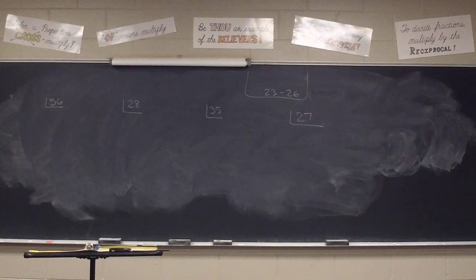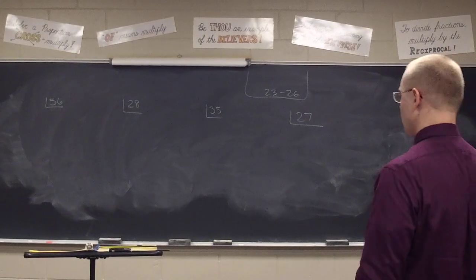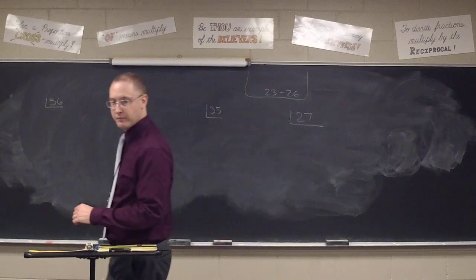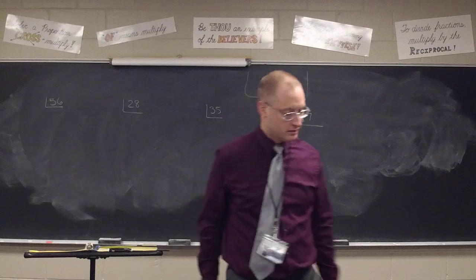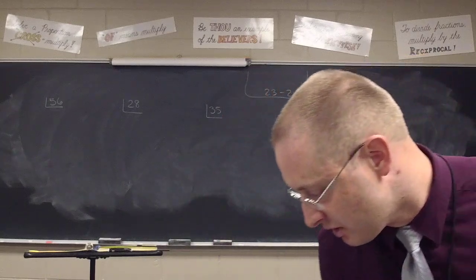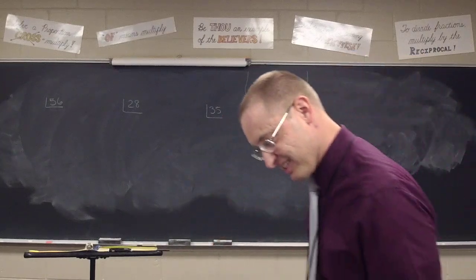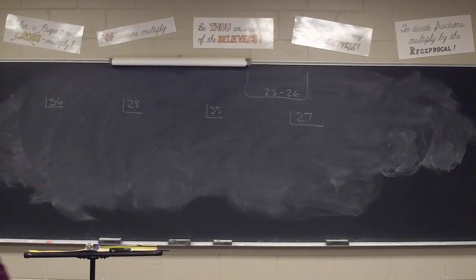People already finished. Some of you still working, that's fine. Good job. That's right. Good. Now here, you divided to get 9, and then you divided the 3 by another 3, didn't you? So just like you put a 3 beside the 27, you put a 3 beside the 9.